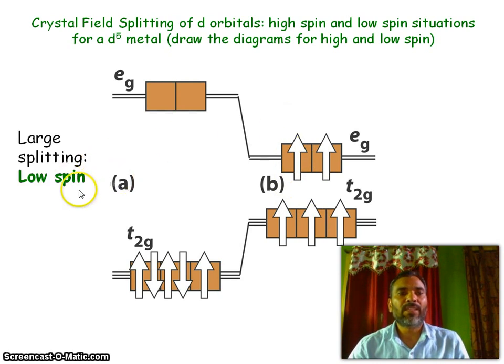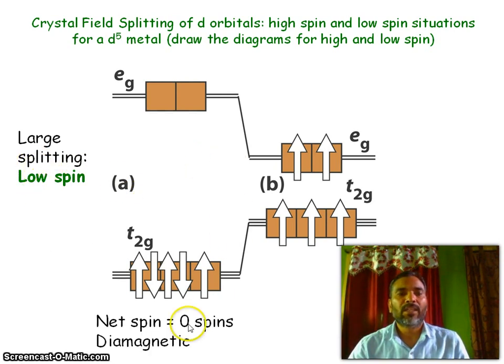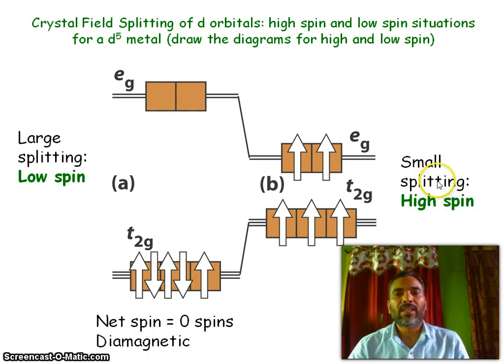So large splitting, we call it low spin. Just remember, large splitting, low spin. Net spin zero, diamagnetic. And small splitting, high spin, net spin 5, paramagnetism.